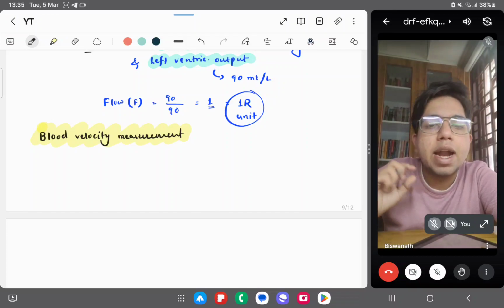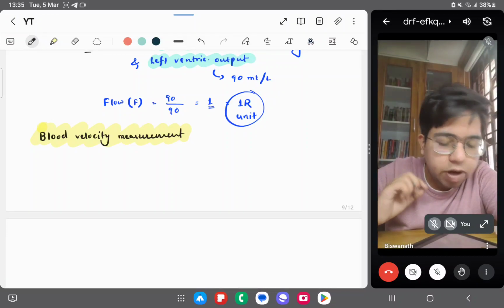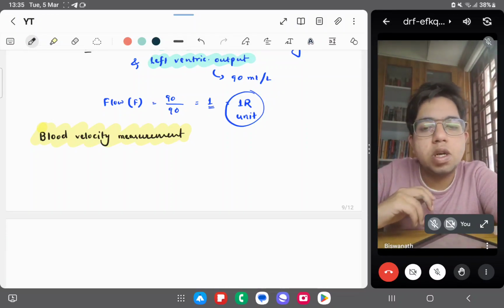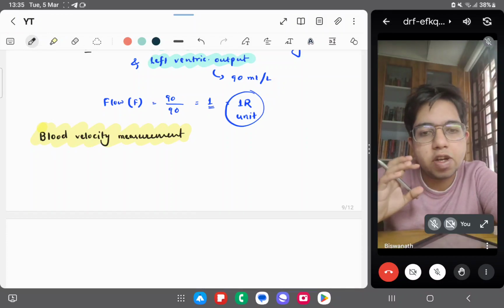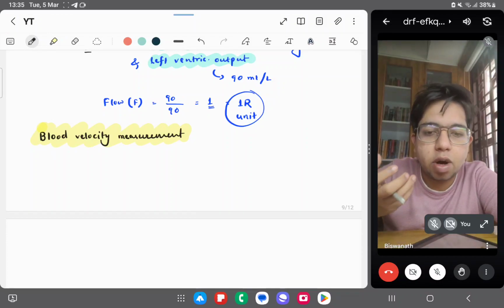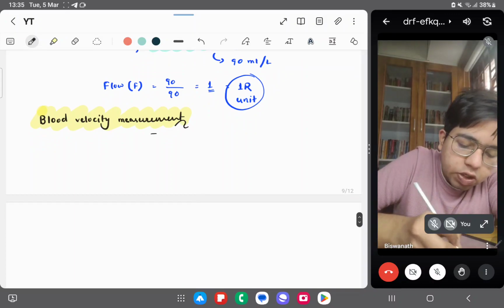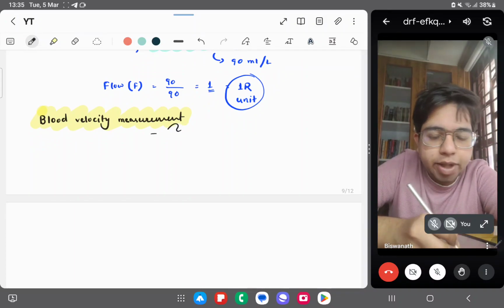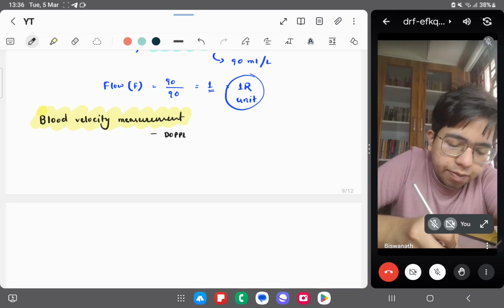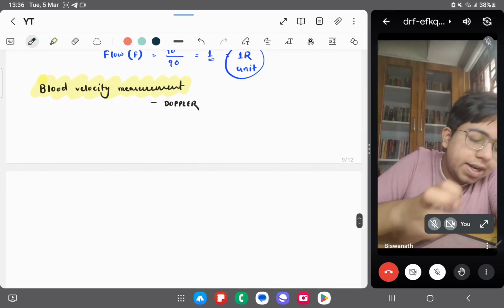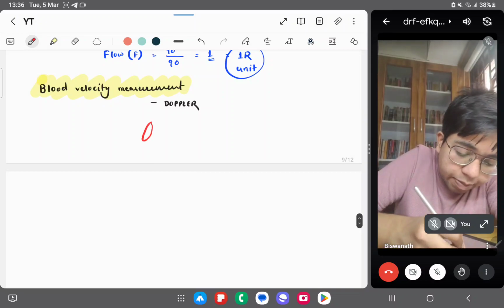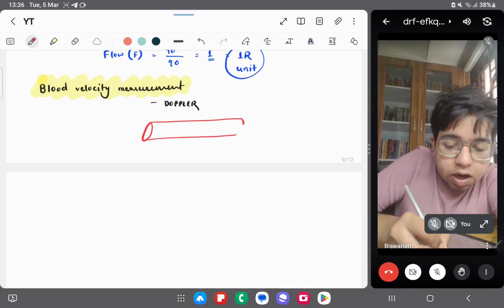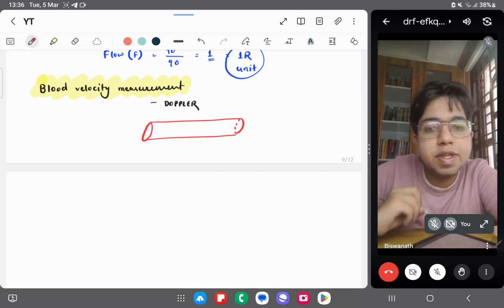Okay, and yeah, we're in blood velocity measurement. Basically, whenever we want to measure velocity, we take the help of Doppler. Doppler effect we all know from physics. So this blood velocity is measured by Doppler flow methods only. Let's assume this is a blood vessel.